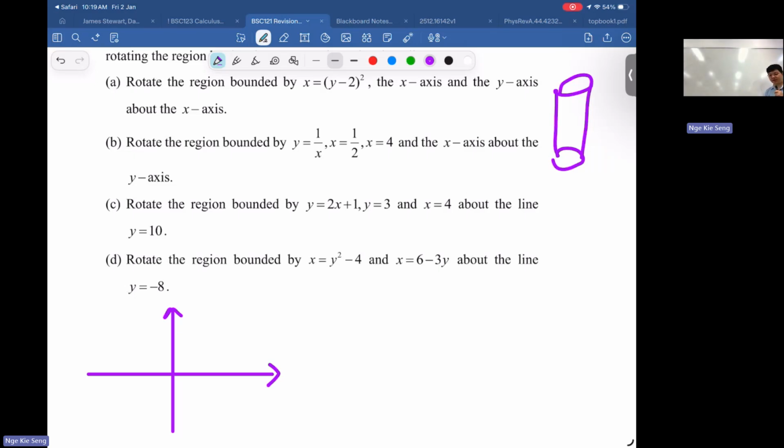This is a little bit tricky because it changed the direction. Usually you'll see y equals x squared minus 4, but the difference here is that you rotate your hyperbola. Which direction should you get here? x equals y squared minus 4.